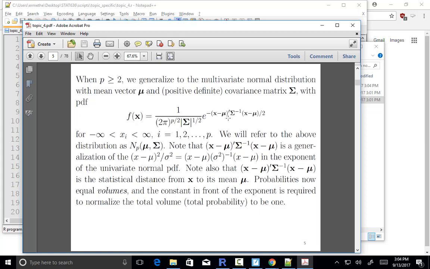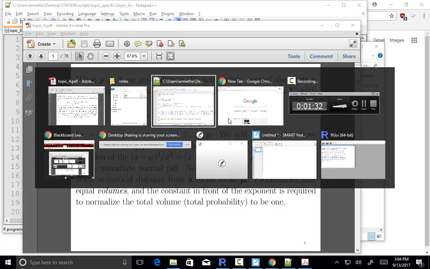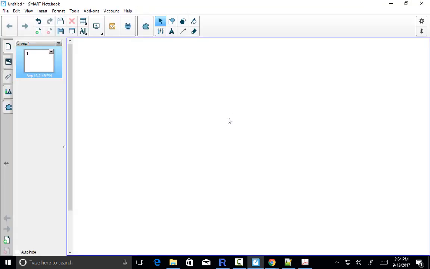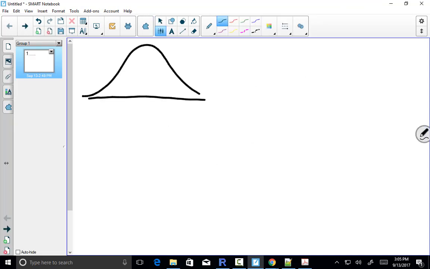That just means that the elliptical surface that represents the PDF will be close to 0 in regions that are far away from the mean. It's analogous to the univariate case. If this is a univariate normal centered at mu, standard deviation sigma, the closer we are to mu, like this particular value right there, x1, is close to mu.